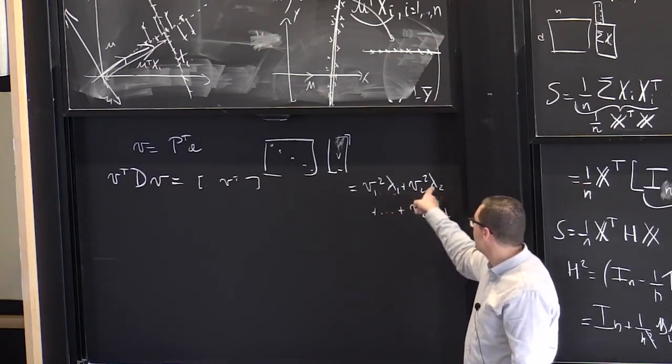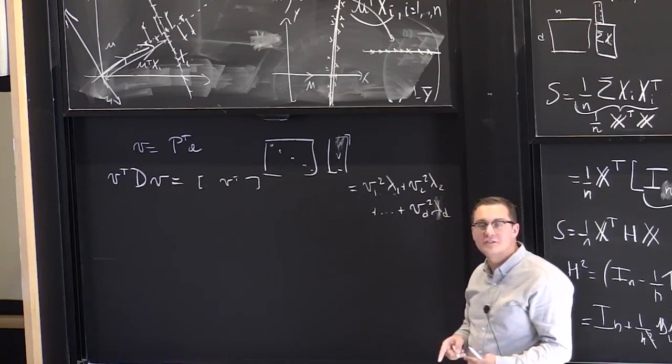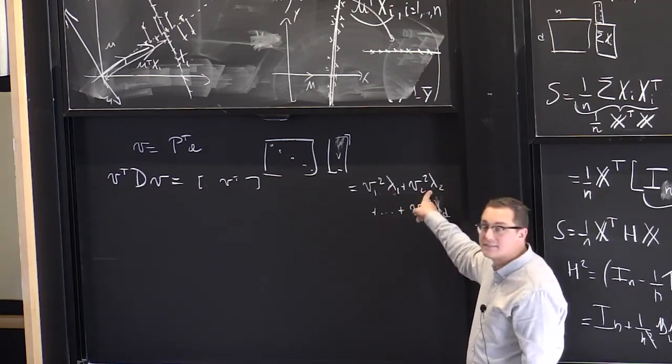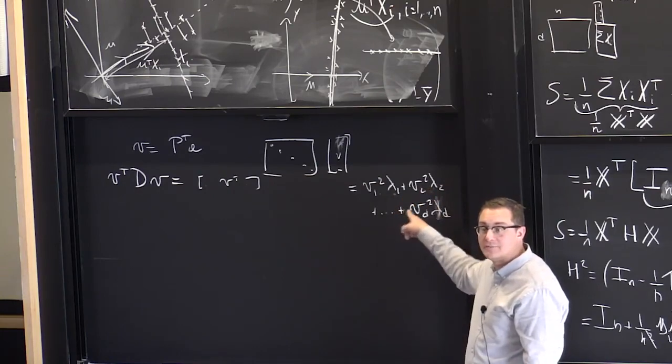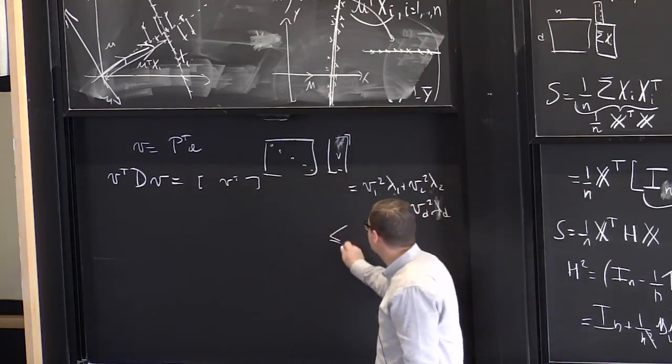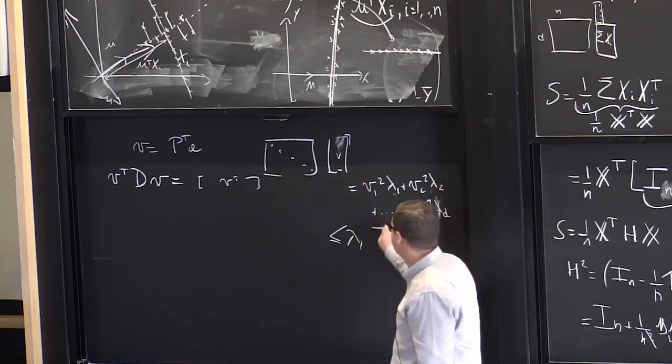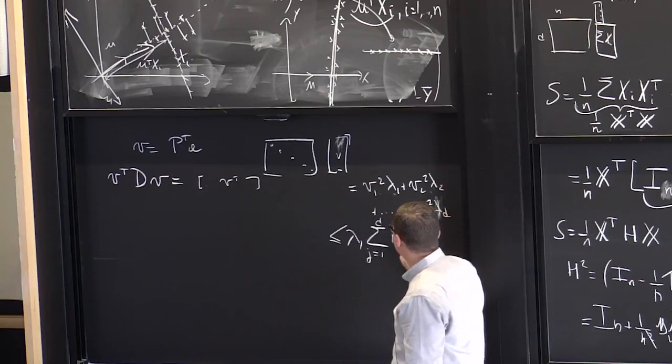But the lambdas are non-negative and all arranged in such a way that lambda 1 is the largest one. So lambda 2 is less than lambda 1, lambda 3 is less than lambda 1, lambda d is less than lambda 1. So this is less than lambda 1 times the sum for j equal 1 to d of the vj squared.